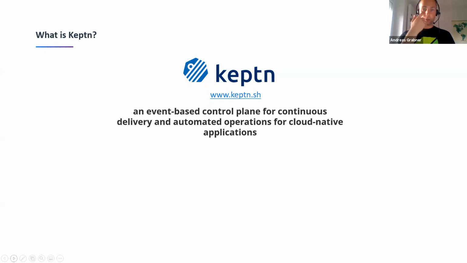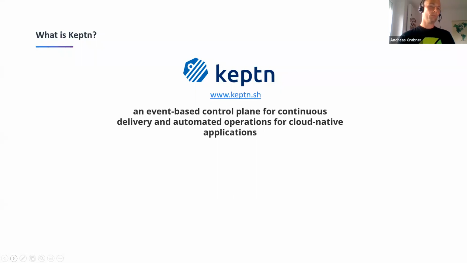Keptn is an event-based control plane for continuous delivery and automated operations, mainly for cloud-native apps. But the way we've done it, Keptn can not only deploy cloud-native apps on Kubernetes through Helm, we can also use Keptn to trigger a Jenkins pipeline, a GitLab pipeline, an Azure DevOps pipeline, or a Xebia Labs pipeline that is then doing anything anywhere.